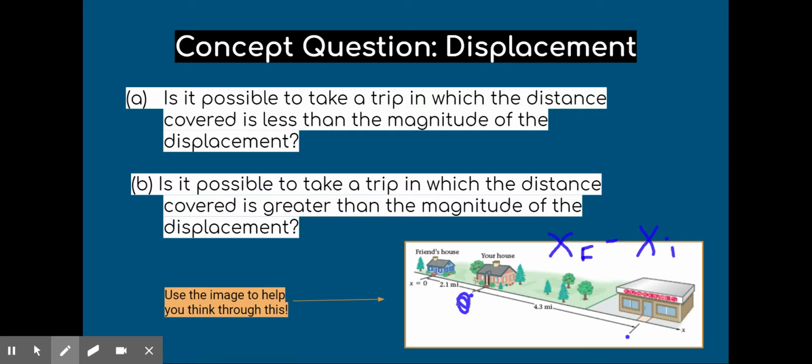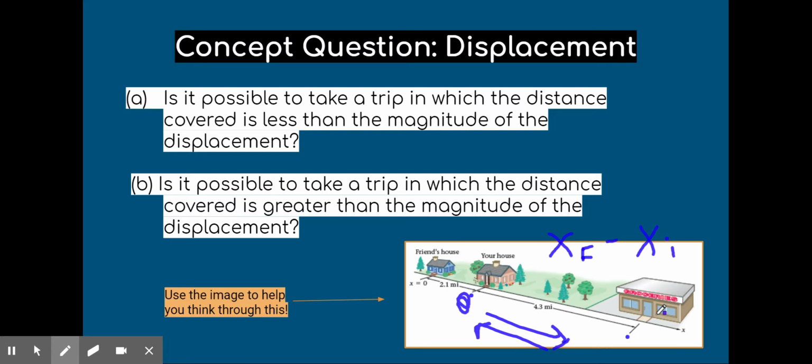Now, let's say you actually return home from the grocery store. So we saw in that case that distance and displacement had the same value. Now let's say you go here and you actually return back home. So you've traveled 4.3 miles in one direction and you traveled 4.3 miles back.